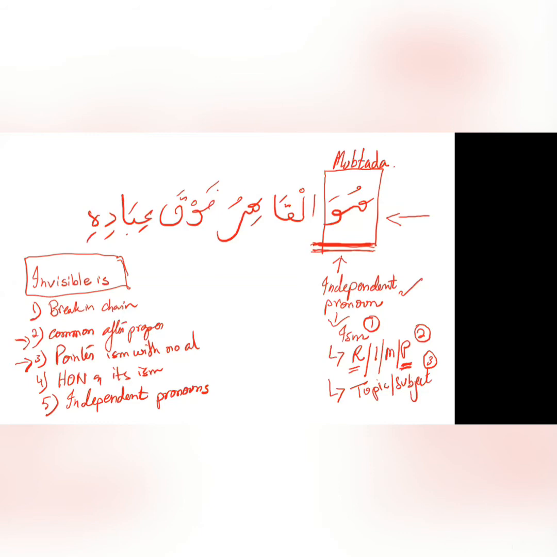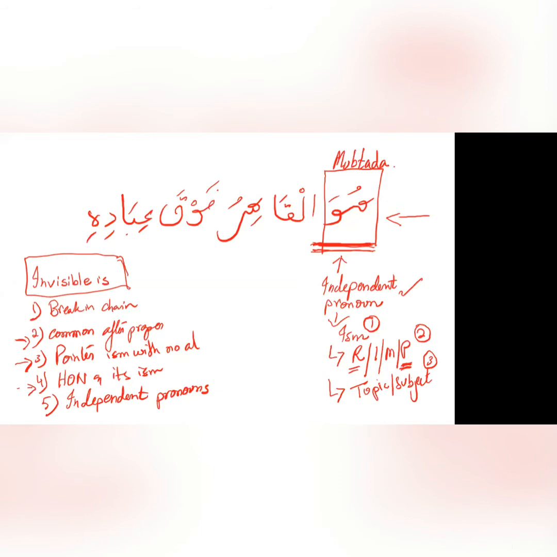So if you do not have an ism with al after the pointer ism, that pointer ism automatically becomes mubtada. And there's a sentence over there. We will inshallah see this as well in examples.